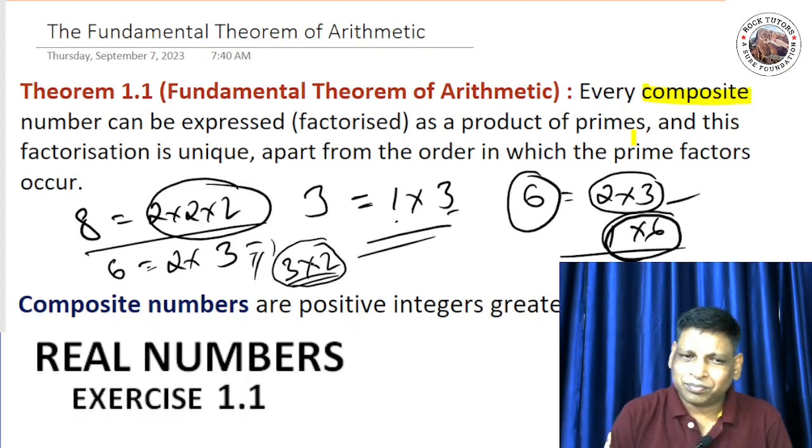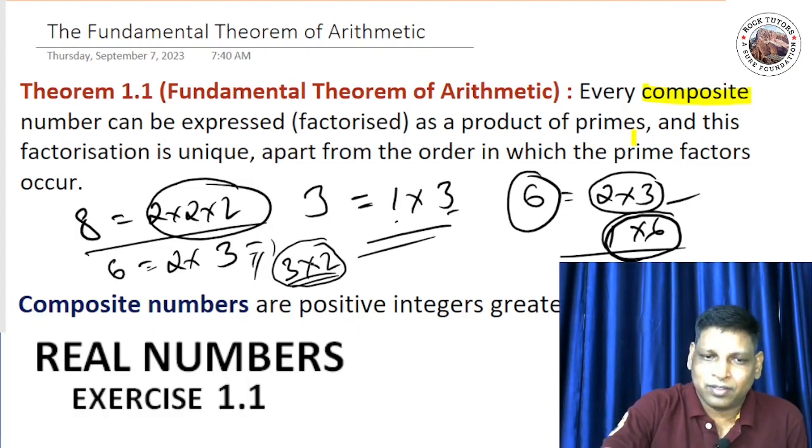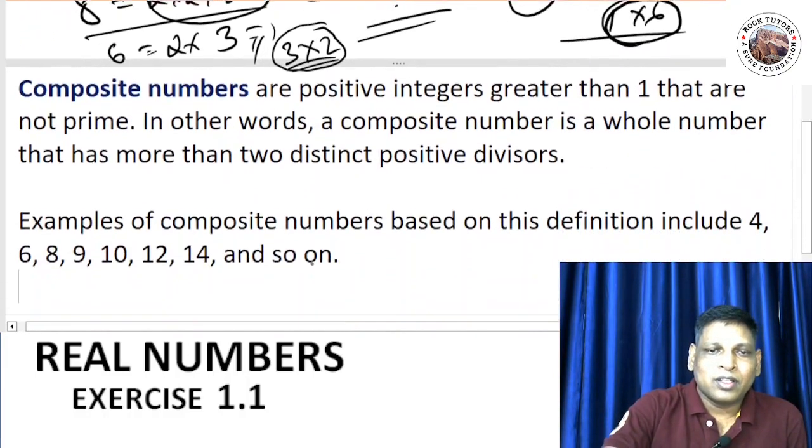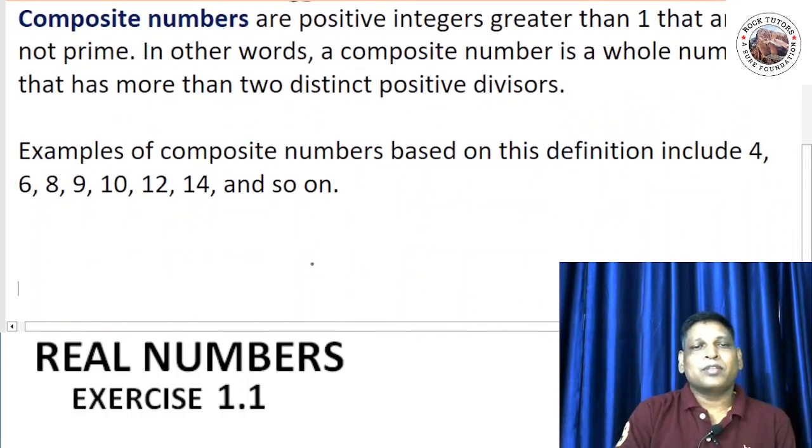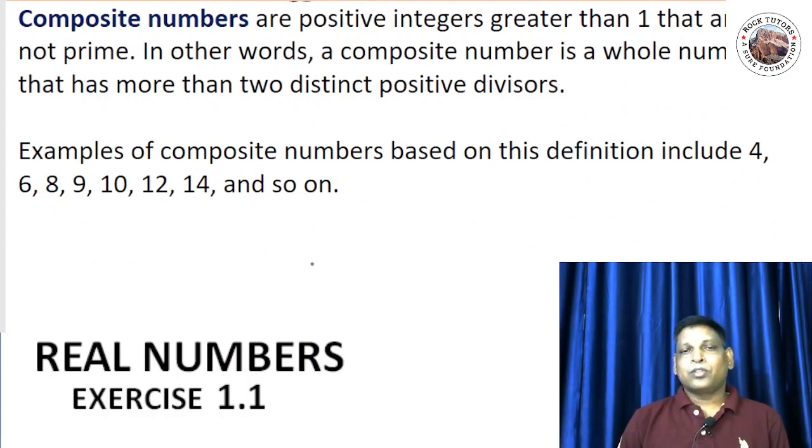So now once again, what about the composite numbers? Here is the definition of composite numbers. Composite numbers are positive integers greater than 1 that are not prime. In other words, a composite number is a whole number that has more than 2 distinct positive divisors.